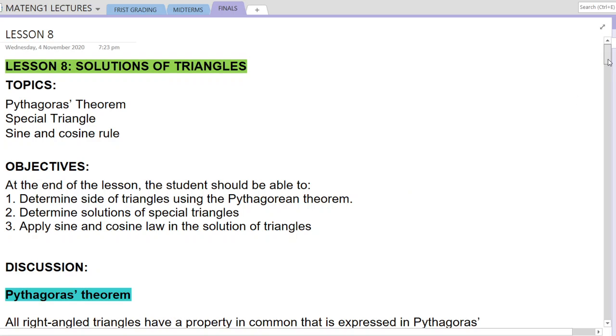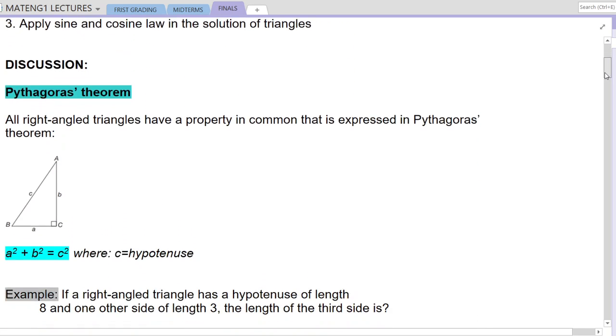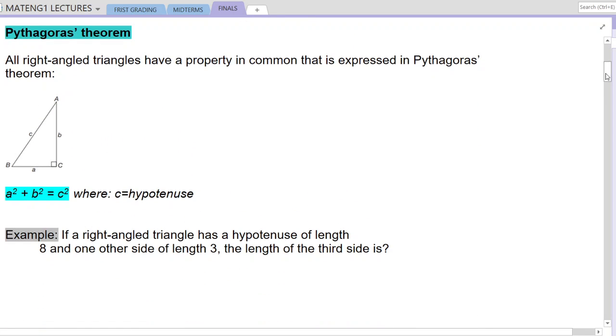Okay, so first we define what the Pythagoras theorem, or Pythagorean theorem, is. Pythagoras is a Greek philosopher, so all right angle triangles have a property in common that is expressed in Pythagoras theorem.